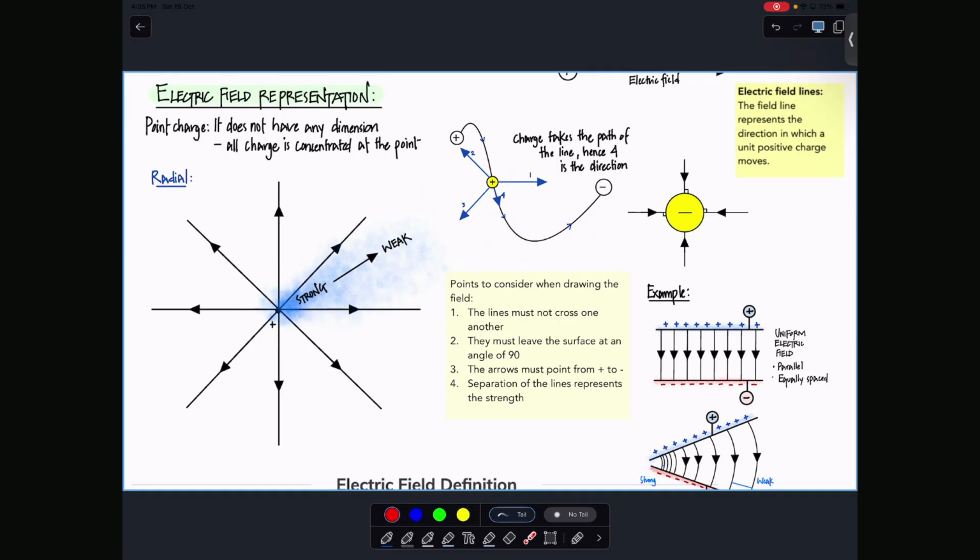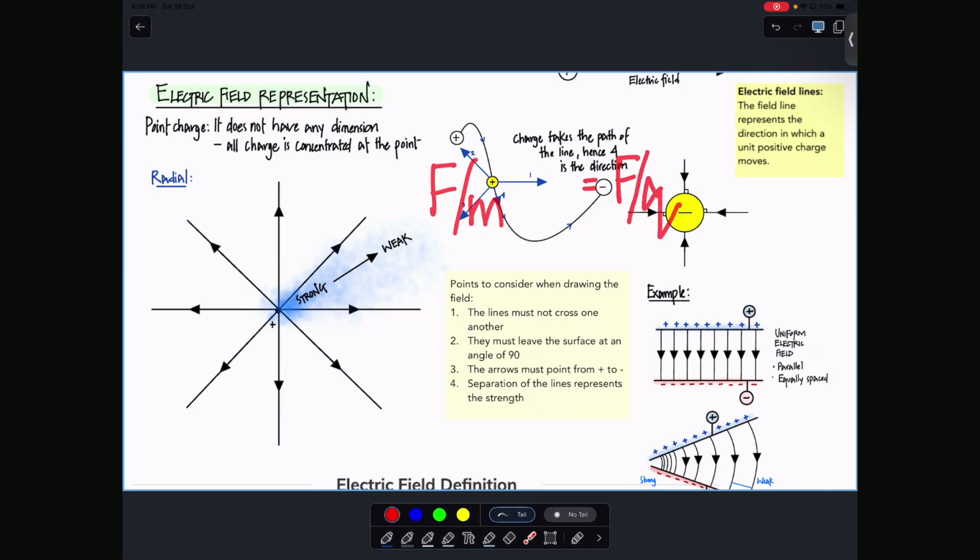Yes, g equals F by m, force per unit mass, right? So what will the generic formula for electric field strength be? I don't want to make it different. I want to show you the similarity so that it's easy to remember, right? So what's the formula for electric field strength going to be? Yes, force by charge. Because gravitational field strength is the force per unit mass, electric field strength must be force per unit charge.